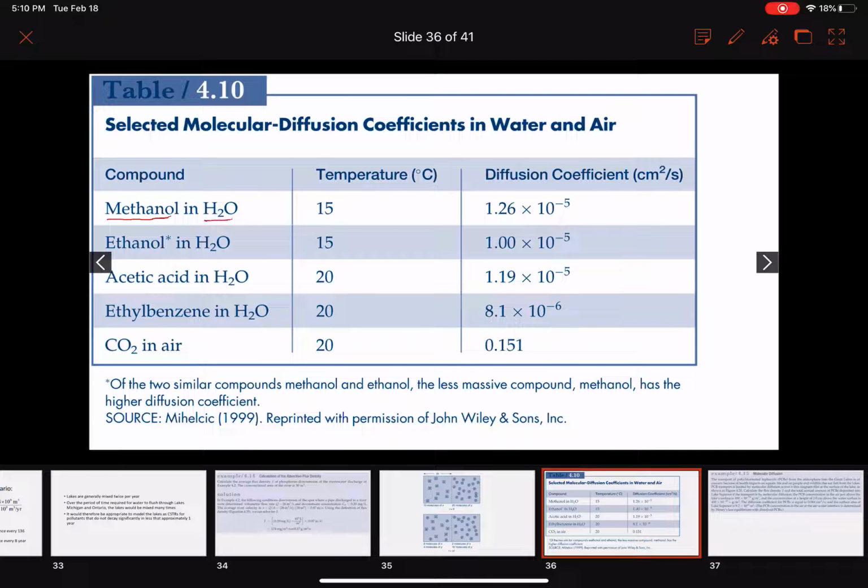At 15 Celsius, its diffusion coefficient is 1.26 times 10 to the minus 5 centimeters square per second. Same thing for ethanol in water, 1 times 10 to the minus 5. Acetic acid in water, 1.19 times 10 to the minus 5. Ethyl benzene in water, 8.1 times 10 to the minus 6. And CO2 in air, 0.151.